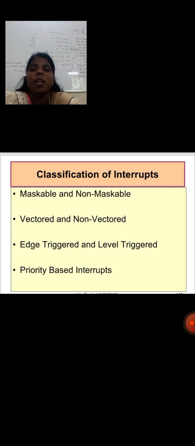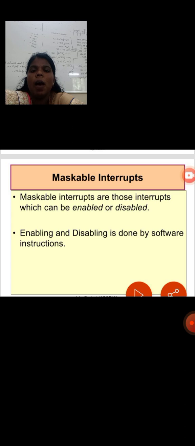Classification of interrupts. There are 4 main classifications of interrupts. First one, maskable and non-maskable interrupt; vectored and non-vectored interrupt; edge triggered and level triggered interrupt; priority based interrupt. Maskable interrupts are those interrupts which can be disabled or enabled.